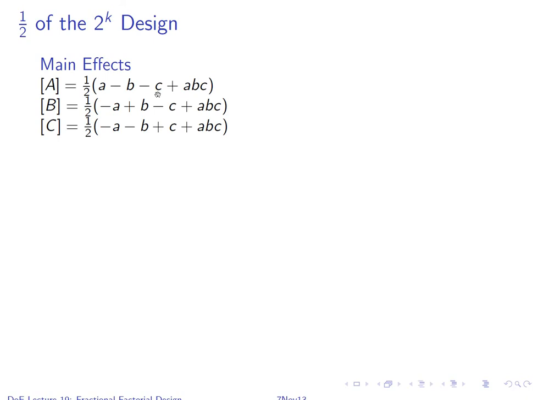So when I add the first 2 and subtract the last 2, referring to the response variables for these experimental runs, I measure the main effect of C. So these are the defining relationships for measuring the main effects of the 3 variables A, B, and C using the fractional factorial design. In fact, specifically, this is the 1/2 fraction of the 2 to the 3 design.